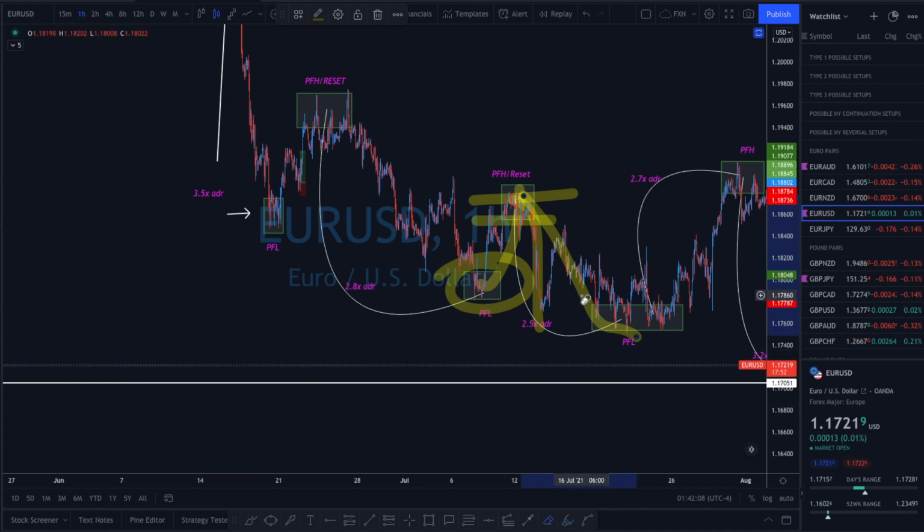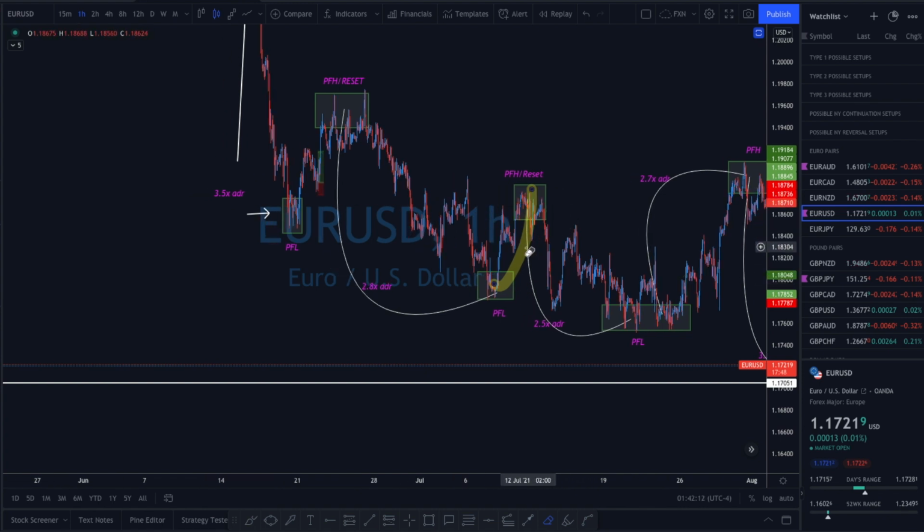That's going to happen, and that's okay. That's completely okay as long as you follow your trading plan that we're going to work on throughout the 12-week course. As long as you follow your rules, as long as you follow the system, you're going to be fine.